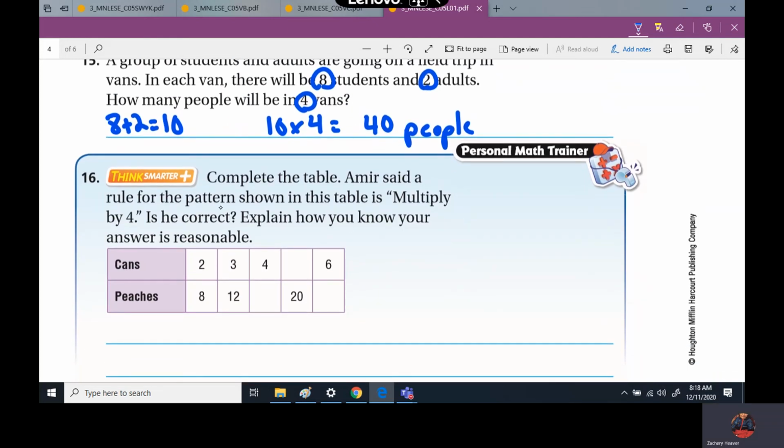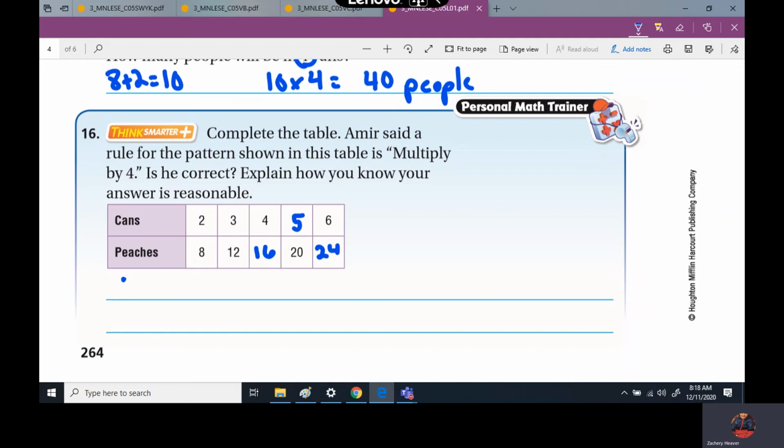Complete the table. Amir said the rule for the pattern is multiplying by 4. Is he correct? 2 times 4 is 8. 3 times 4 is 12. 4 times 4 is 16. 5 times 4 is 20. And 6 times 4 is 24. Is Amir correct? Yes, he is correct.